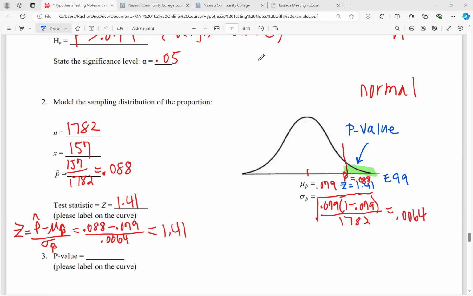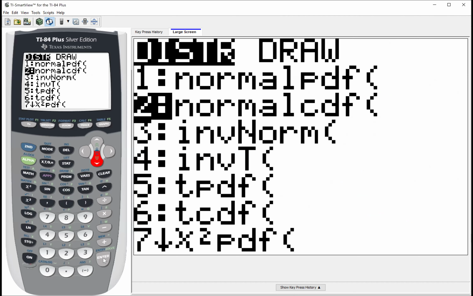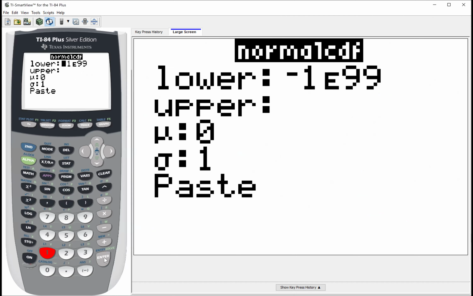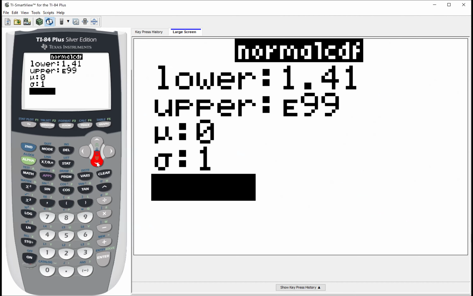So let's go to normal CDF. Second VARS, and remember it's option 2. The lower is the z-score of 1.41. The upper is positive E99. And since I'm using the z-score, the mean is 0 and the standard deviation is 1.